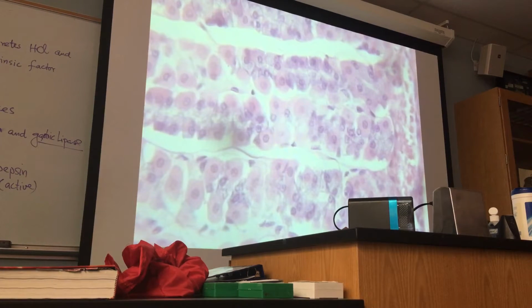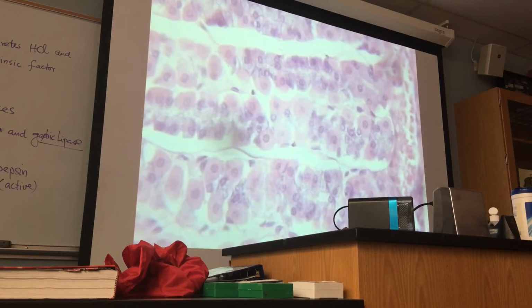Yeah? So I can ask several questions. Identify the cell as indicated by the pointer. What will be your answer? Parietal cell. What is the function of the cell as indicated by a pointer? Secretes hydrochloric acid and intrinsic factor.